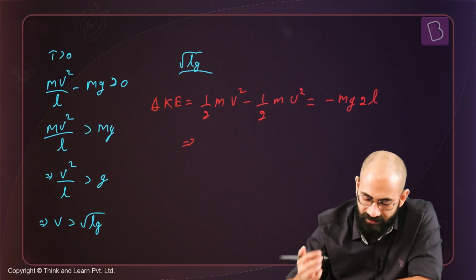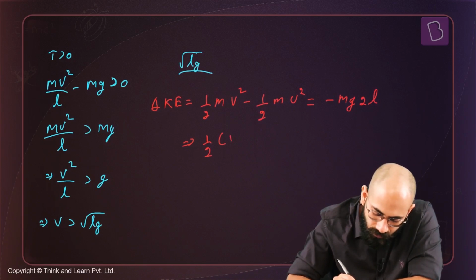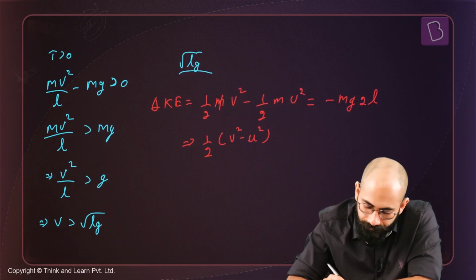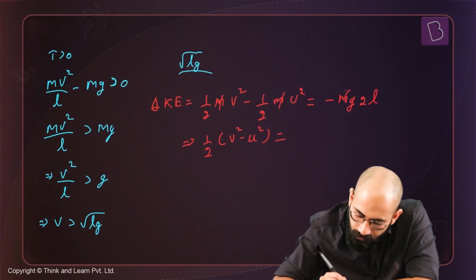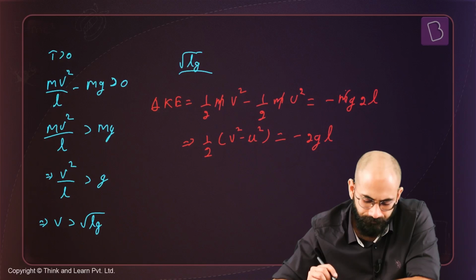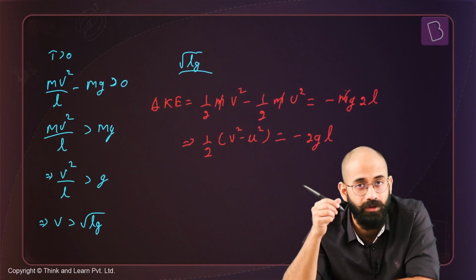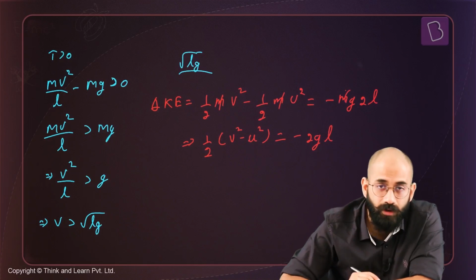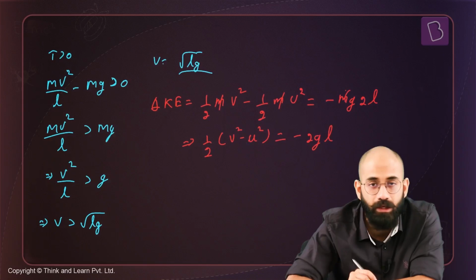So if I simplify this, I get half into v squared minus u squared, first cutting m, is equal to minus 2gL, right? Now we can substitute the value of v that we know, because we need to find the minimum value of u. We'll directly substitute v equal to root Lg.